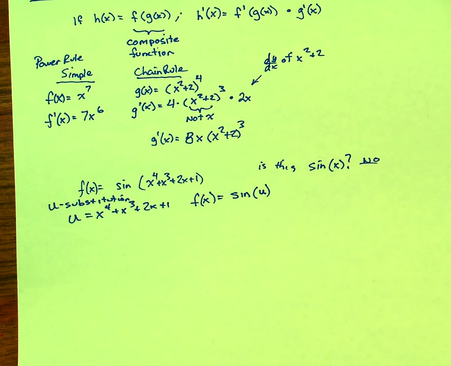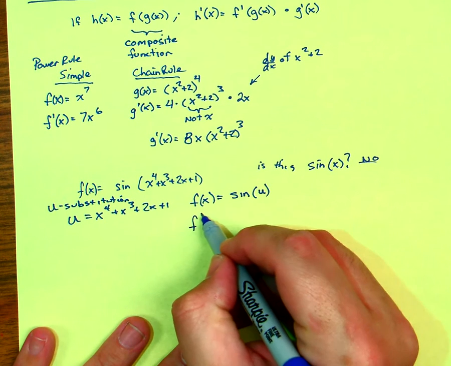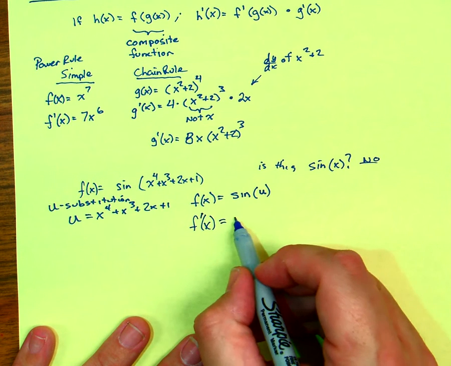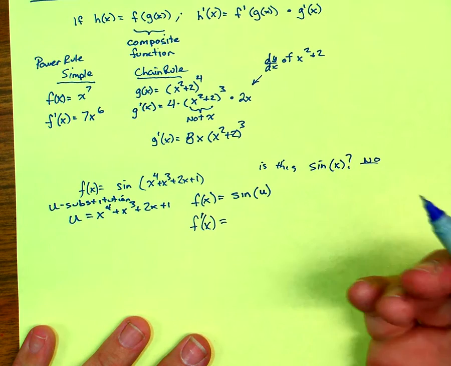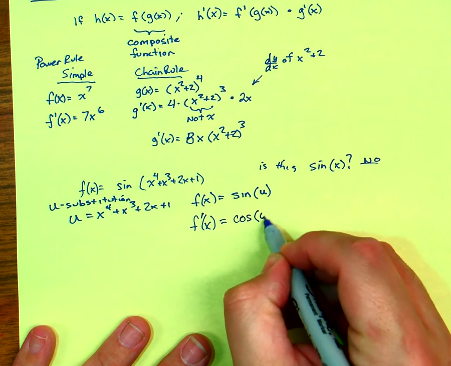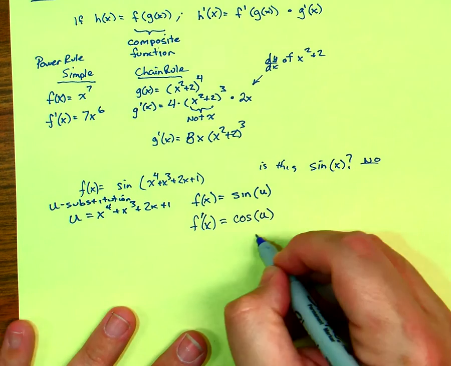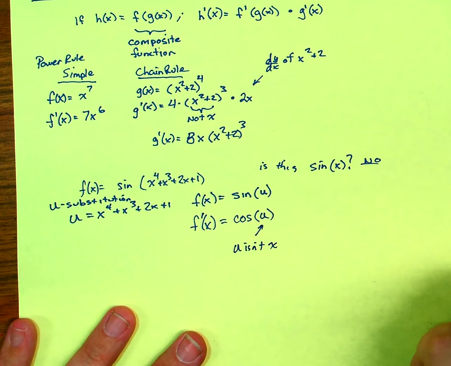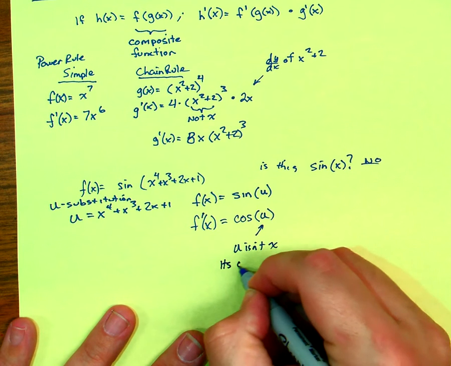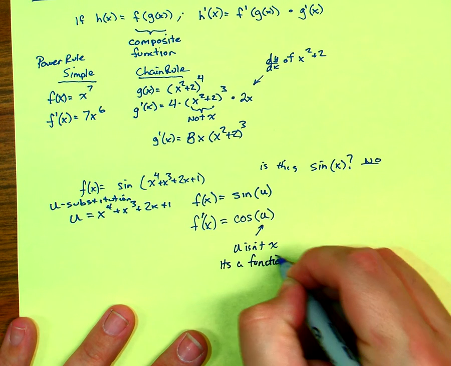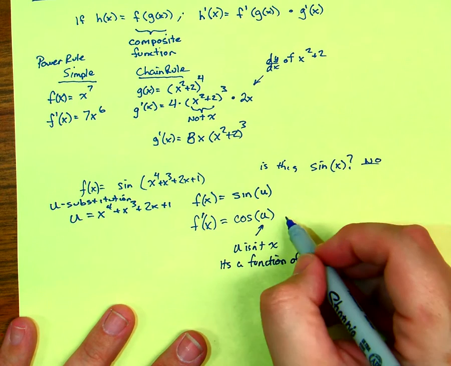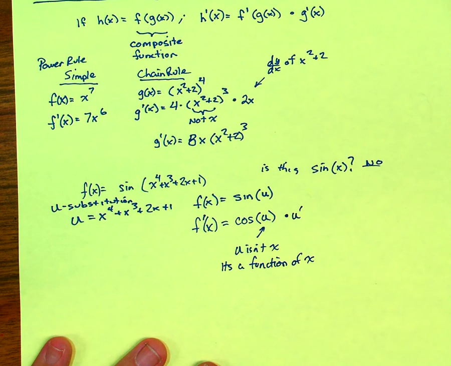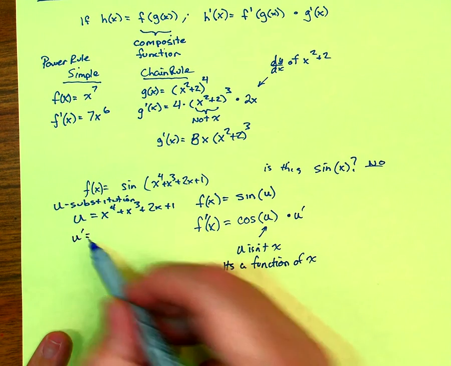Now, if I want the derivative of f of x, what's the derivative of sine x, or the sine of anything? All right, we'll get the cosine of u. But here's the thing. u is a function of x, so I need to multiply it by u prime. So if I could figure out what u prime is, what would be u prime here?